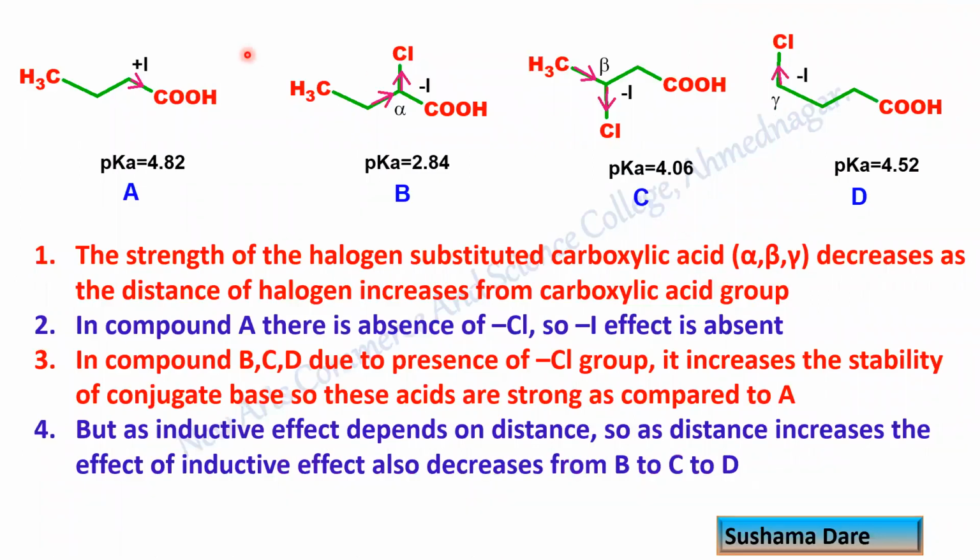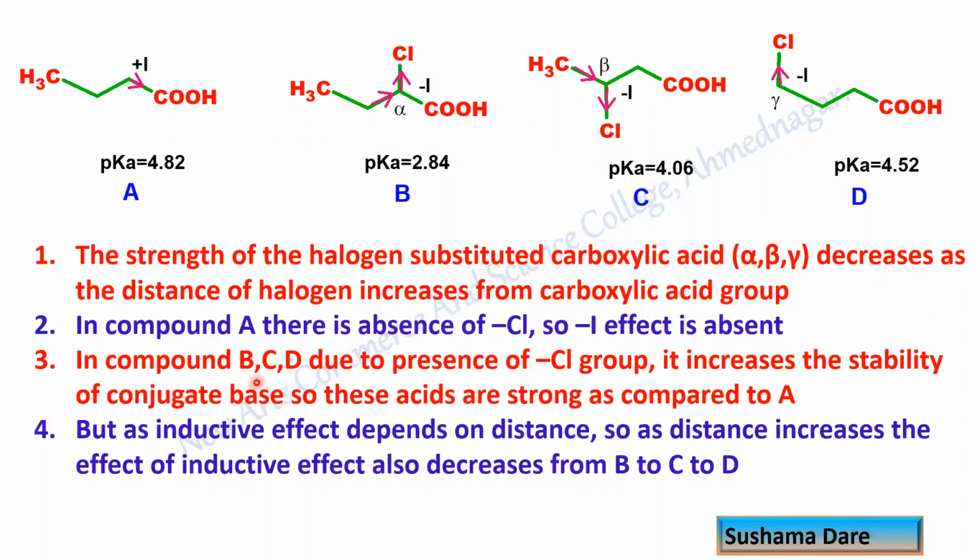Now this is the next example. In the next example, this is a butanoic acid. This is alpha chlorobutanoic acid. Now this is beta chlorobutanoic acid. The strength of halogen substituted carboxylic acid alpha, beta, gamma decreases as the distance of halogen increases from the carboxylic acid group. In compound A, there is absence of Cl, so minus I effect is absent.